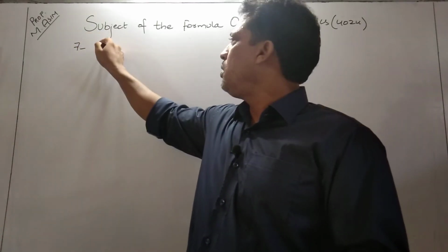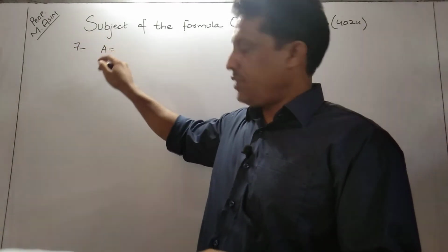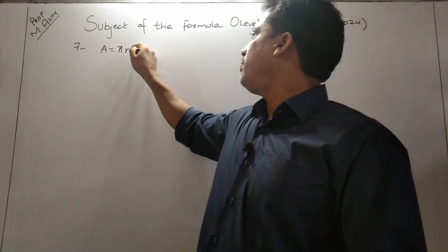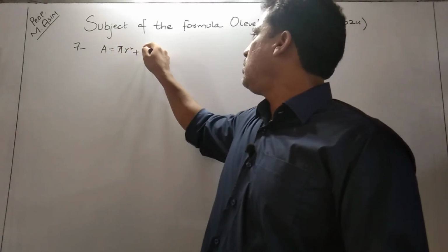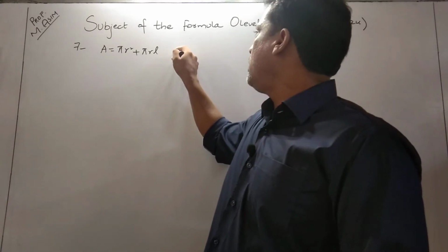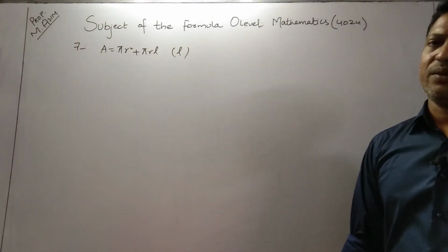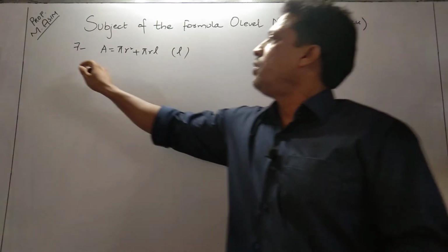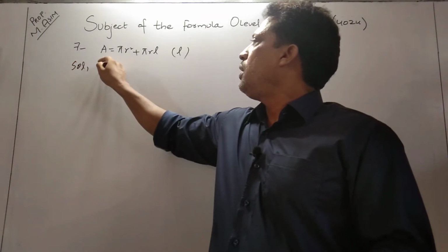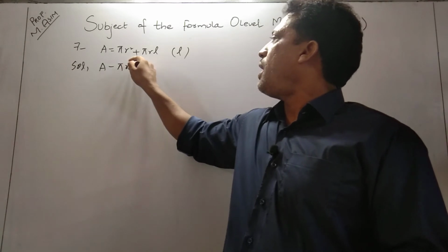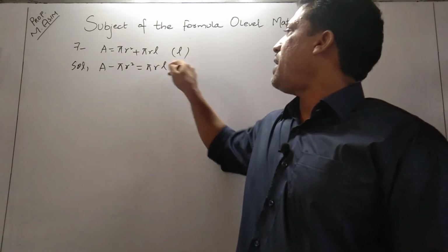Seven. A is equal to pi r square plus pi r l, and the target is to make l the subject of the formula. Solution. A minus pi r square is equal to pi r l.